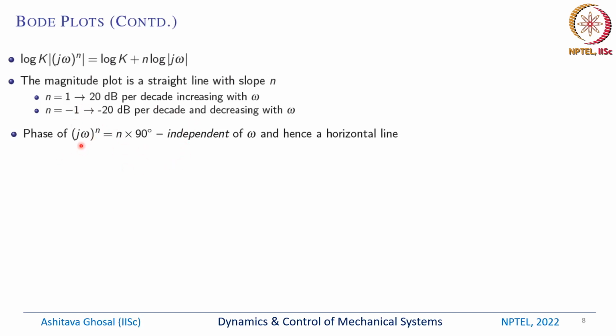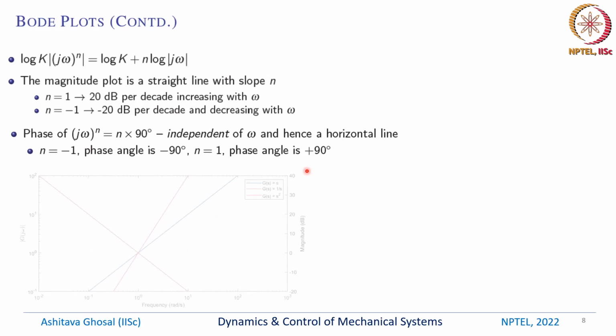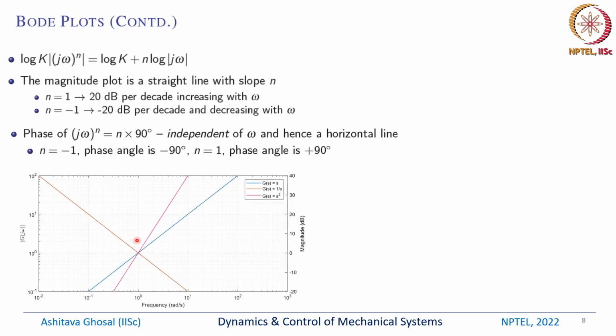So the phase of (j omega) to the power n is n into 90 degrees, and it is independent of omega. Hence it is a horizontal line. If n equals minus 1, the phase angle is minus 90 degrees. If n equals plus 1, the phase angle is plus 90 degrees. And these are plotted here.